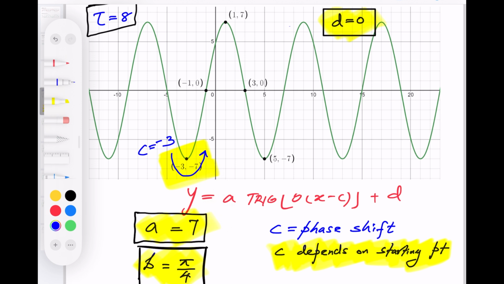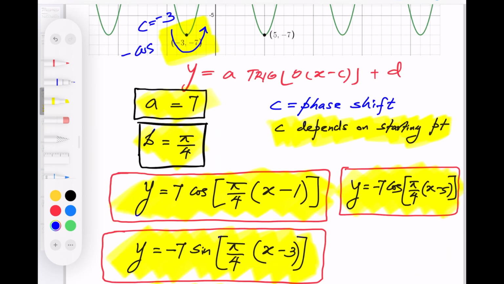Once again, we will need to write down a negative cosine function. So how would you write down that equation? That equation should have c equals negative 3. Therefore, let me write down the equation as y equals a, is 7. The function is negative cosine. Let me write down the negative symbol right here.